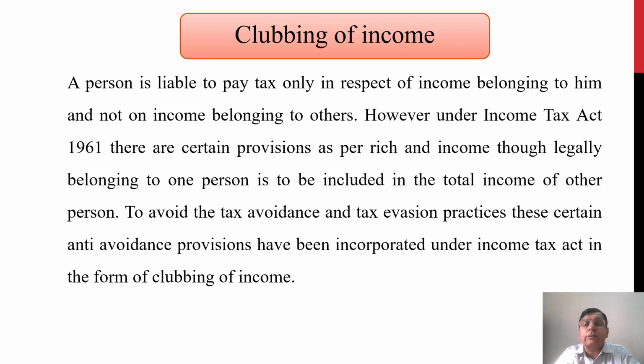To avoid tax evasion practices, these anti-evasion provisions have been incorporated under the Income Tax Act 1961. We will discuss the cases in which the income of the other person will be included into the income of the assessee at the time of calculation of the tax liability.